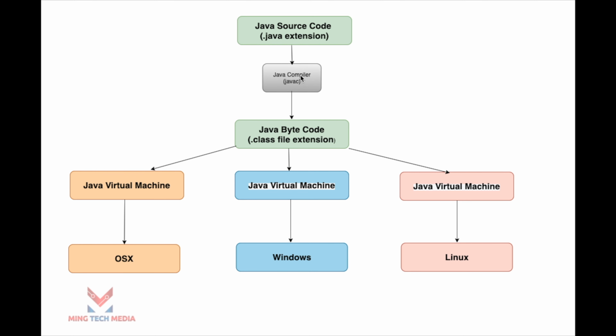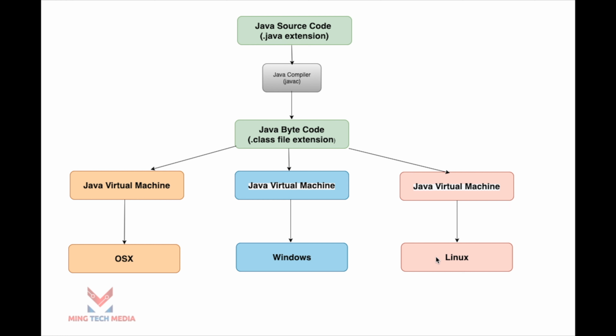The Java compiler compiles it into a .class file, which is then processed by the Java virtual machine into machine-readable code for your specific operating system. So if it's Windows, it'll process it into its natural Windows language that Windows understands, and similarly for OS X and Linux as well.